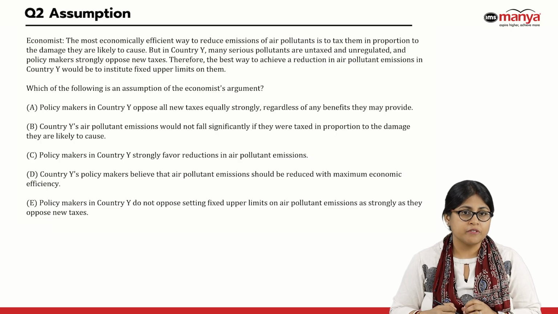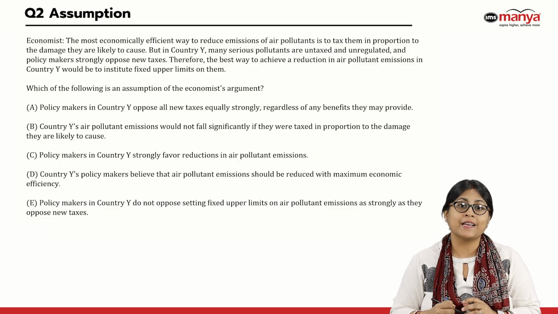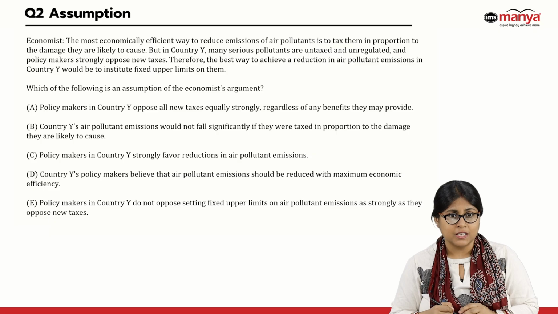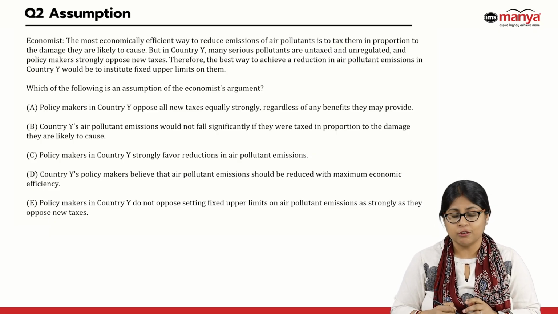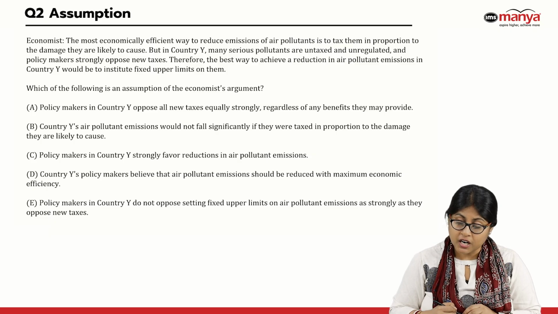Whatever the exact amount of damage is, accordingly they should be taxed or regulated. That is the best process as per the economist. But something is contradictory here. Let's read along. But in country Y, many serious pollutants are untaxed and unregulated, and policymakers strongly oppose new taxes.